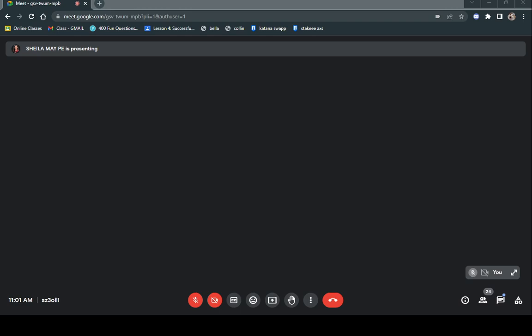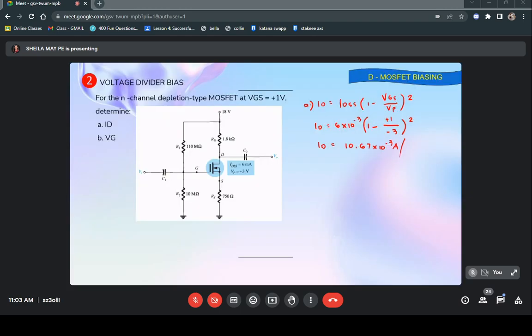Remember that. So IDSS is 6 milli. VGS is positive 1. VP is negative 3, squared. So ID is equal to 10.67 times 10 to the negative 3 ampere, or 10.67 milli.